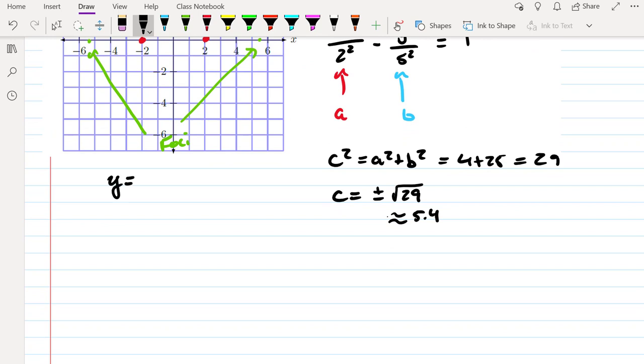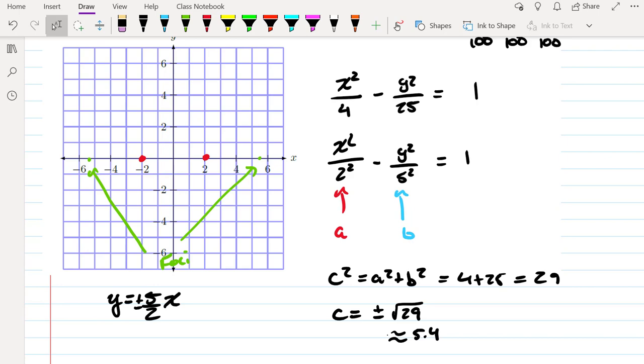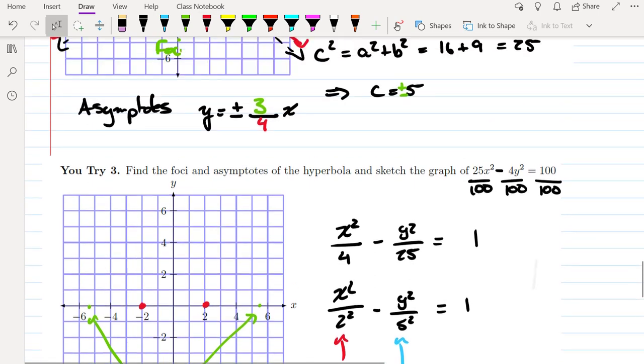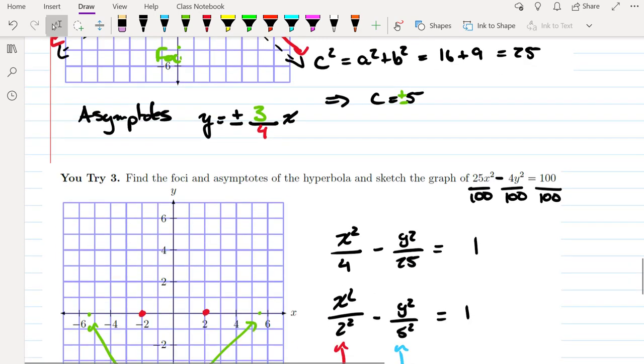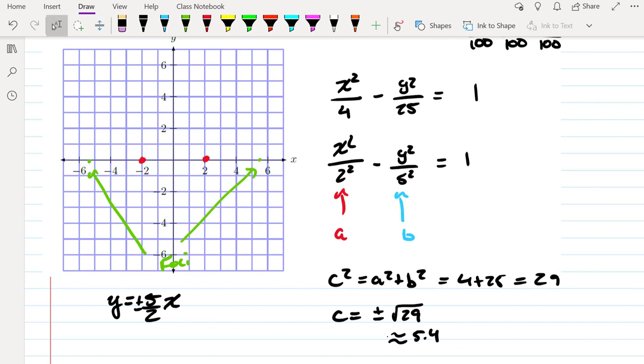So we get y equals plus or minus 5 over 2 x. So we go up 5 over 2.